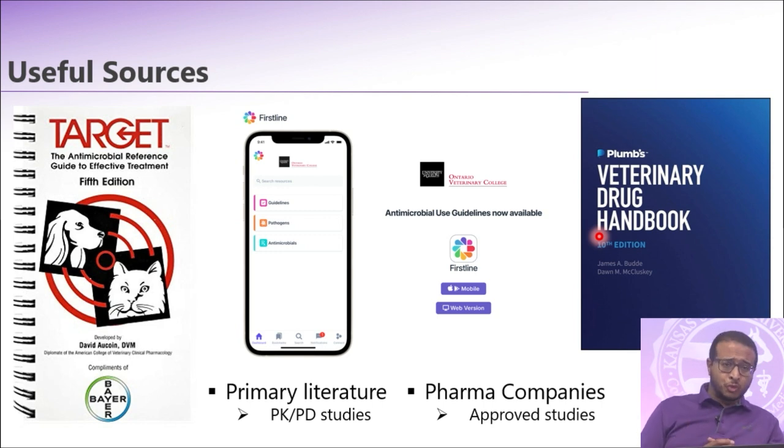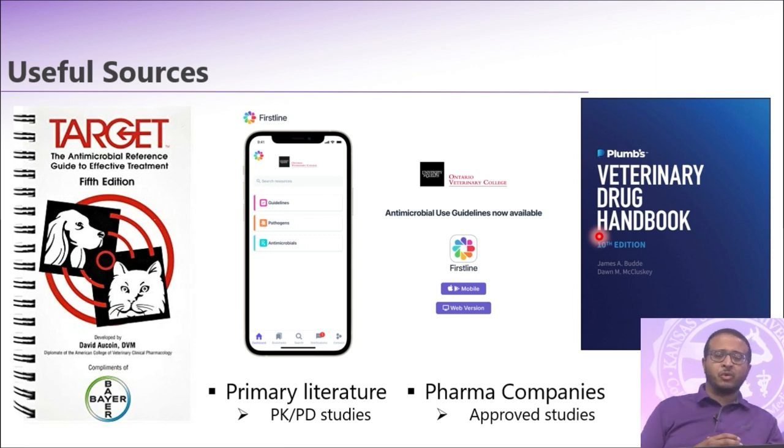Now, when it comes to certain bacterial or fungal organisms where we don't have a lot of data, we usually dig into the primary literature, look at the data that has been discussed there, and try to make an extrapolation from there.